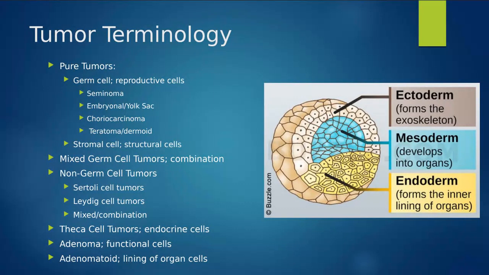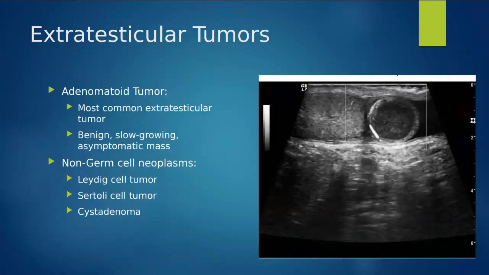So adenomas are going to be made up of functional cells of a given organ, and adenomatoid tumors are going to be made up of the cells that line that organ. So more of those epithelial cells of that particular organ. That was a lot of information, I feel like.